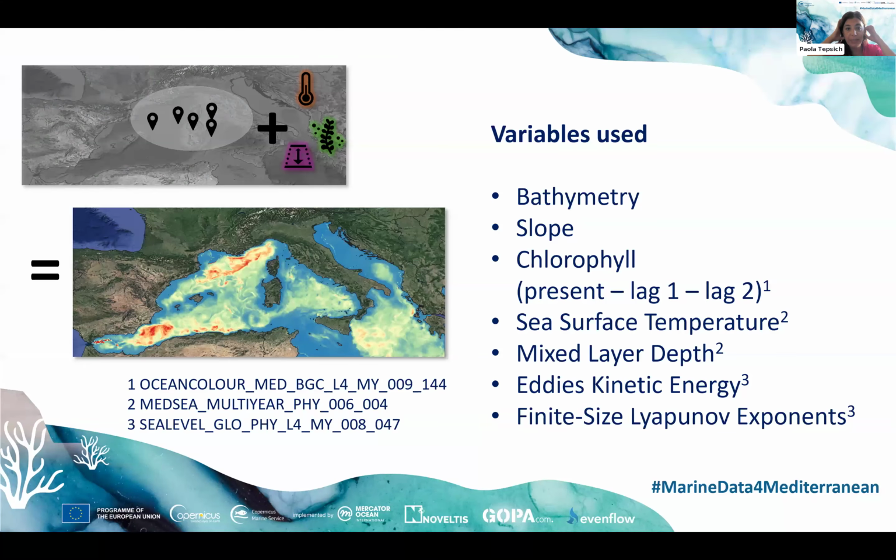In order to build habitat models, the aim is to correlate the species presence and especially the species absence to different environmental variables.